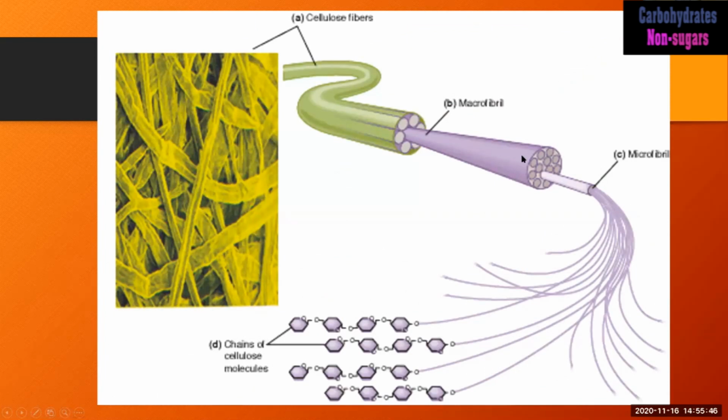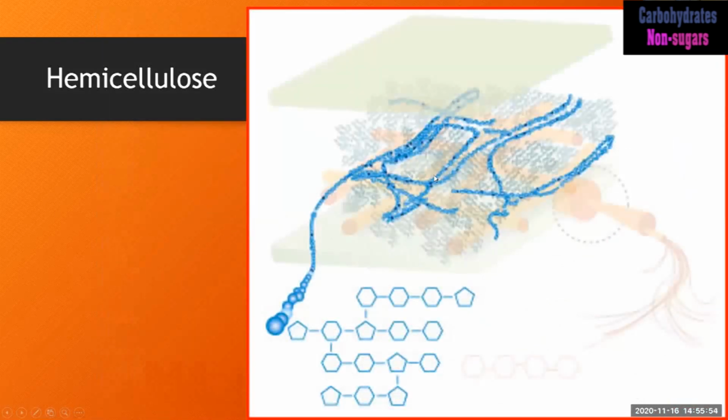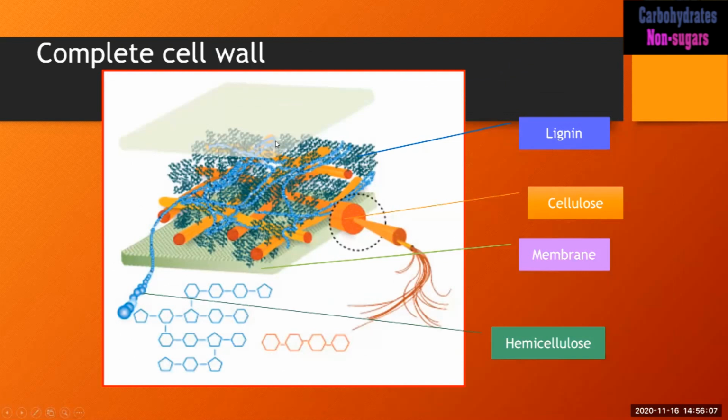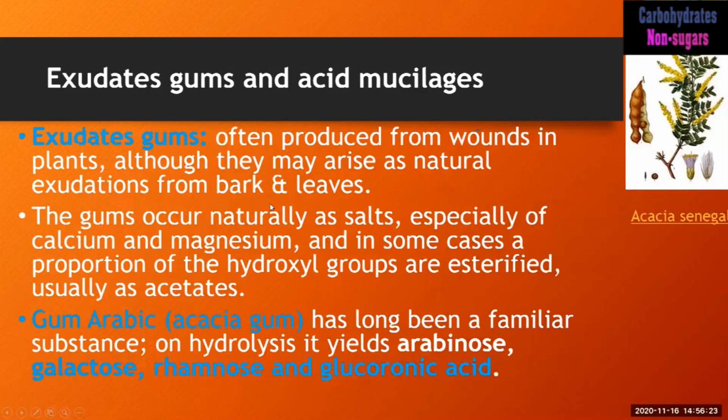This is the cellulose fiber with the chain of glucose molecules, and then comes the hemicellulose that consists of arabinose, xylose, and galacturonic acid. Then comes the lignin. So these three, hemicellulose, cellulose, and lignin, are compacted in the cell wall. Lignin, cellulose, and this hemicellulose in blue color, and here is the membrane. So they are all packed together, and that makes a cell wall.